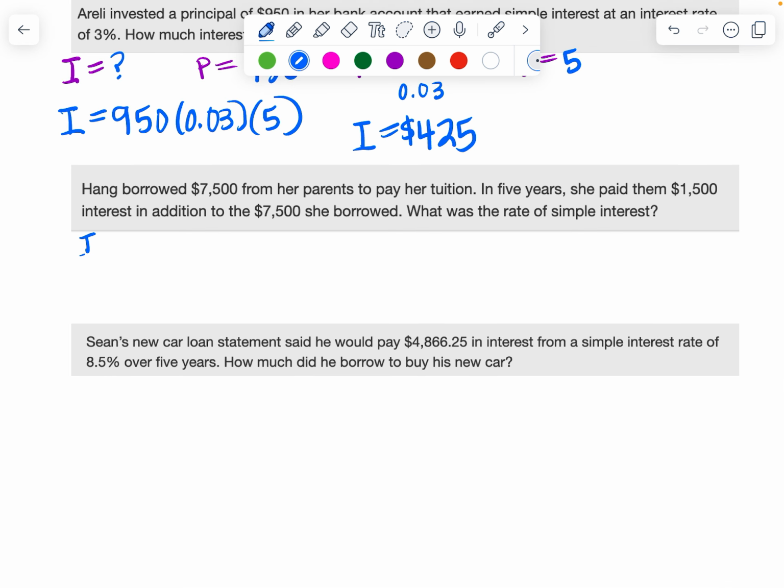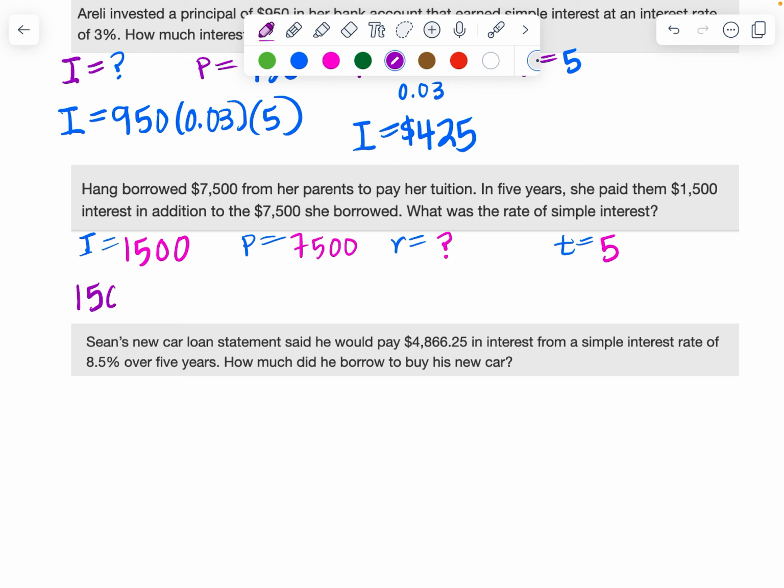We'll put our I, P, R, T. Hank borrowed $7,500 from her parents, so that was the original amount. That's her principal. To pay for her tuition in 5 years, that's time. She paid them $1,500 in interest, in addition to the $7,500 she borrowed. What was the rate? So I do not know the rate.